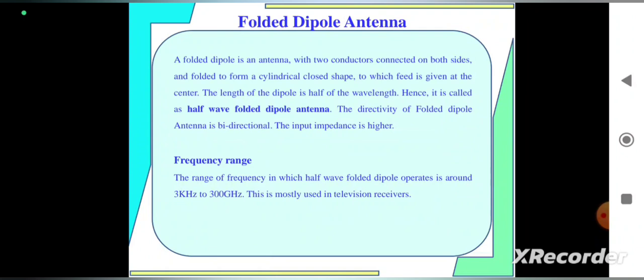The length of the metal wire is approximately half of the wavelength. What is meant by half of the wavelength? Lambda by 2, where lambda is the wavelength, in free space. Next, this wire or rod is split at the center and the two sections are separated by an insulator.